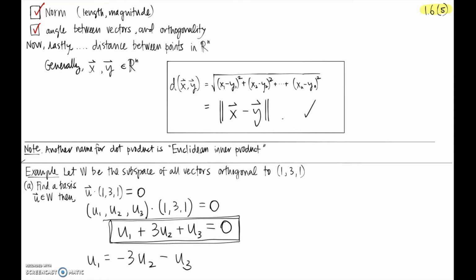What if I wanted to describe all the vectors that had this relationship? We've done this before. We just use parameters. So let r equal u2, let s equal u3, and we can describe these types of vectors using these parameters. So the solution to this equation, we don't really have a system of equations, but we have this relationship between these three pieces of the vector.